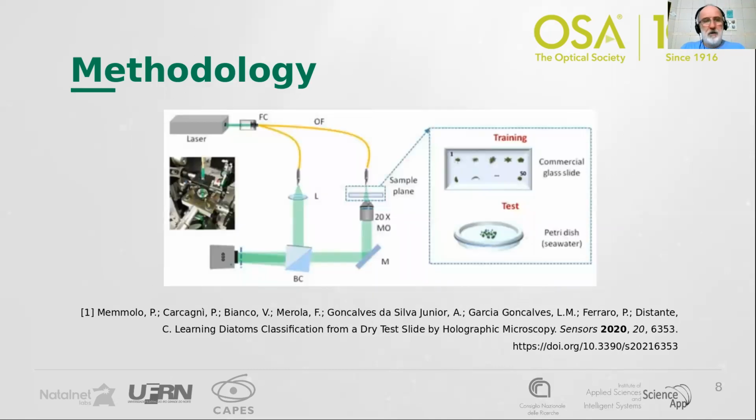Here you can see the microscopy that was used to acquire the holograms. It's basically an optical device. And what we did also in this previous work was to develop a reconfigurable equipment where the distances between the components can be set depending on the situation, depending on the size of the image that one would like, depending on if we're using a dry test or not, or if we're using water or other structures.